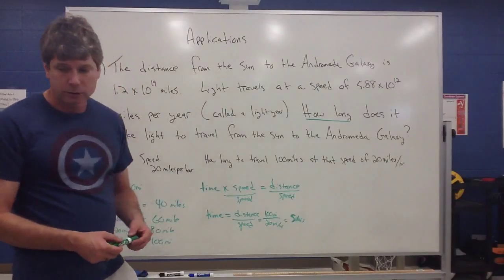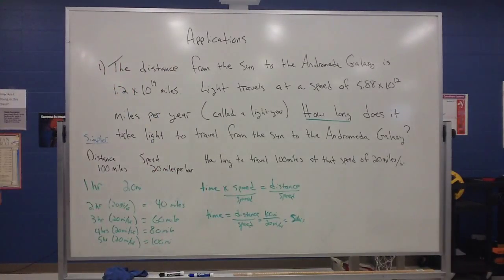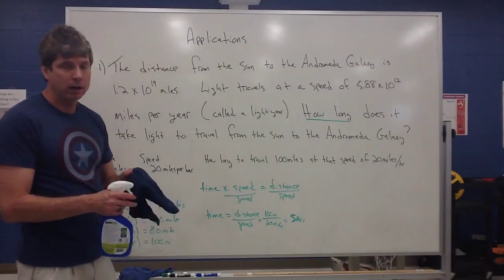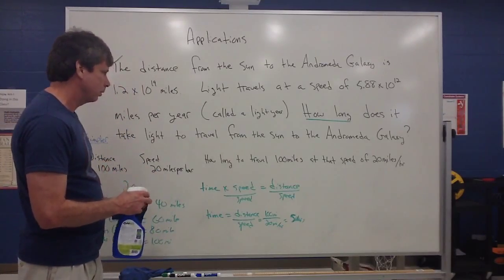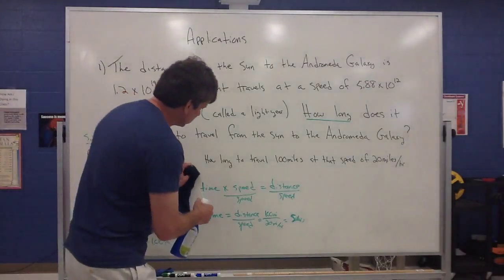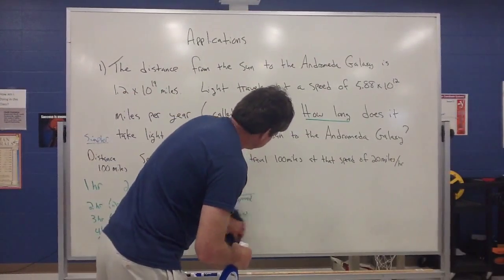I can create a formula that says time is going to be distance divided by speed. Okay? So that simple problem helps me see a path that we can take to solve this problem. So I'm going to clean that up a little bit.